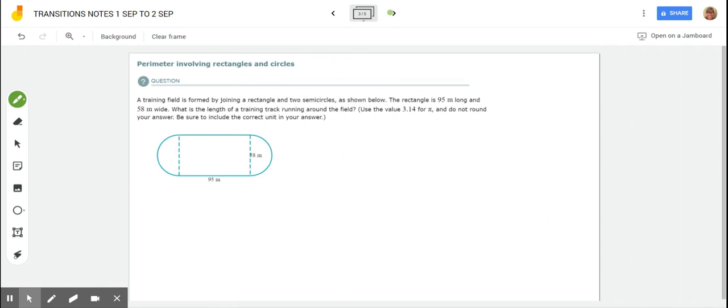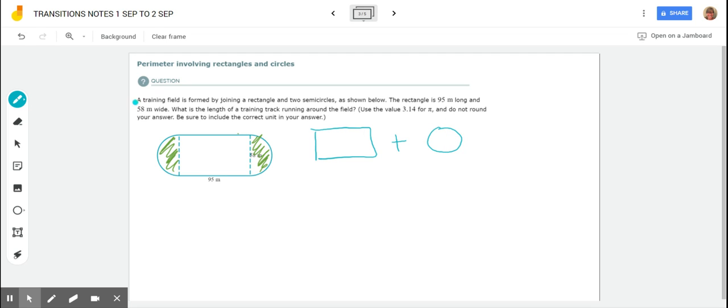Okay, moving on. This one is perimeter. We're going to try to measure all the way around, most likely. That's what this problem is going to ask us. What you need to see is that this is actually nothing more than a rectangle plus a circle. So I'm going to redraw that.